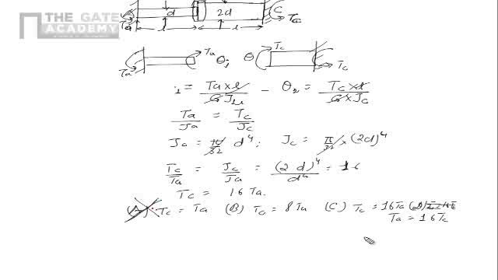So option D is also not correct. So that leaves us with only two options: option B and option C. In both of them, TC is higher than TA, but the correct answer is option C, which is the right hand side torque is 16 times the left hand torque.